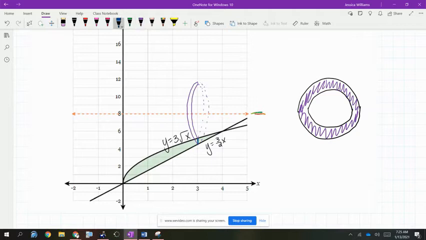So that's true all the way around. If I make a cut here, it's going to do the same thing. I'm not doing a super great job of drawing the reflection, but that's where this rectangle goes. And it's this rectangle that is creating the solid. So that's what we need to find the area of so that we can add them all up and find the volume of the whole thing.